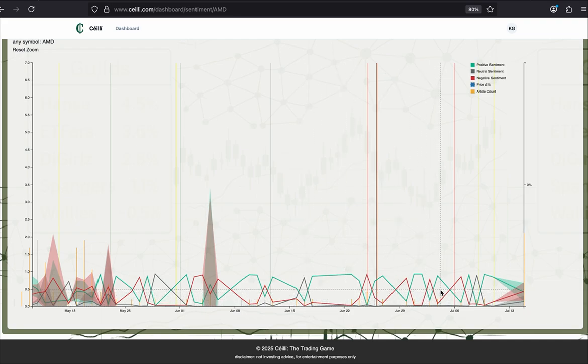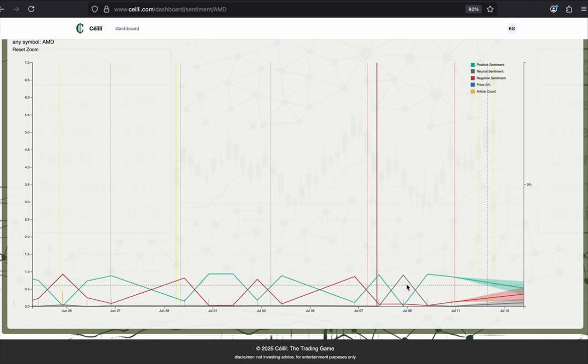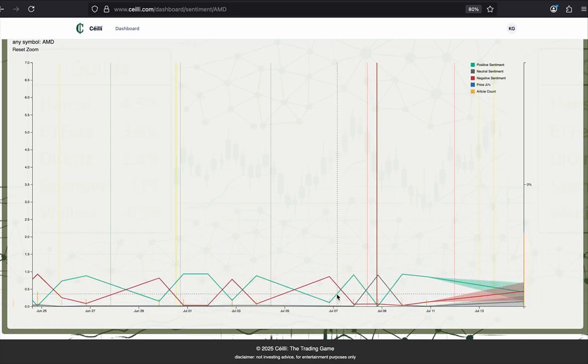Now, we can see here, if we zoom in some more, around July 7th, July 8th, there is a huge swing in sentiment for AMD. And around this time, the system generated a buy signal for AMD, and it kept generating buy signals.